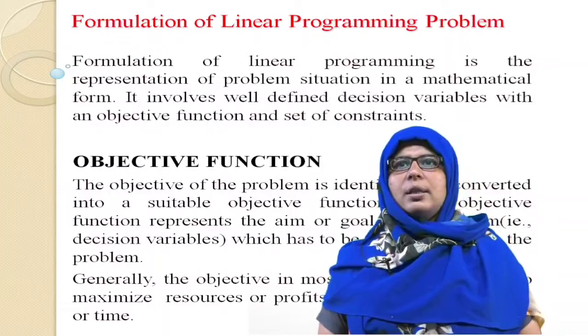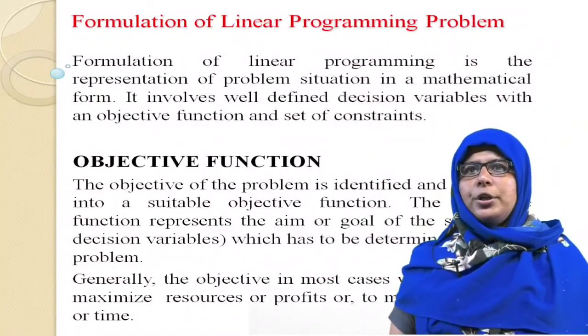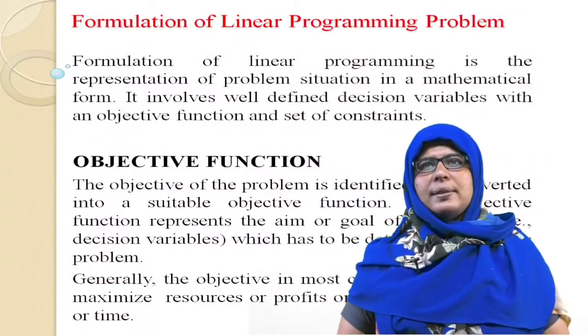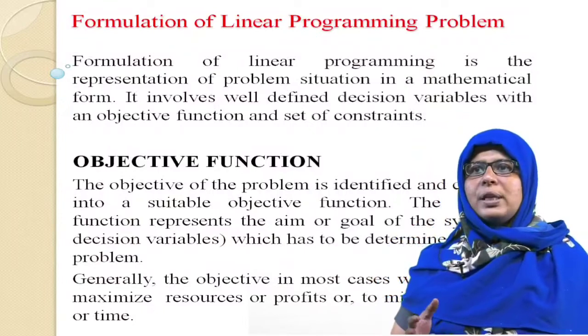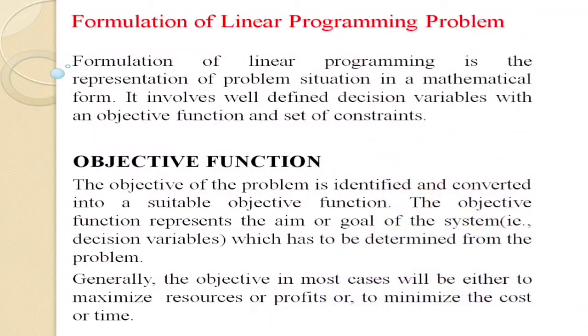Objective function: the objective of the problem is identified and converted into a suitable objective function. The objective function represents the aim or goal of the system, that is, the decision variables which have to be determined from the problem. Generally, the objective in most cases will be either to maximize resource or profits or to minimize the cost or time.